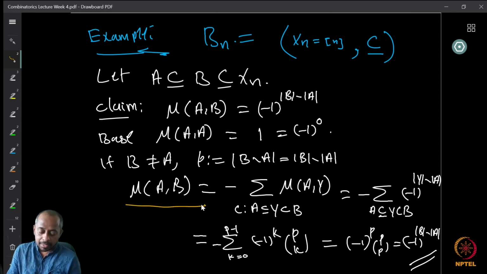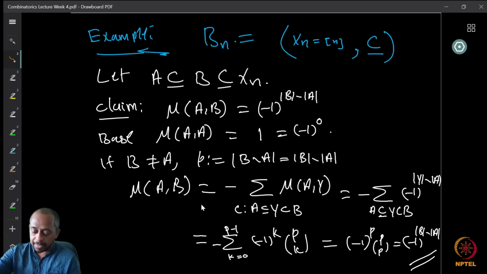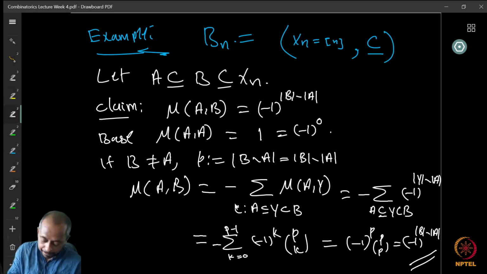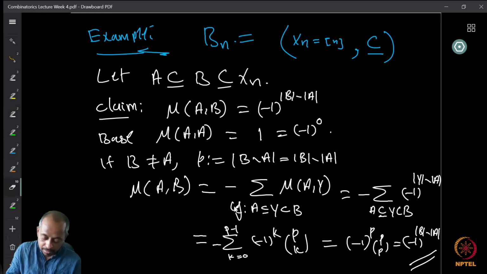Now let us apply the induction hypothesis. So mu of A comma B is equal to, by the previous definition that we have, minus summation over all y such that A is contained in y, which is strictly contained in B, mu of A comma y. Okay, so I should make it more clean.